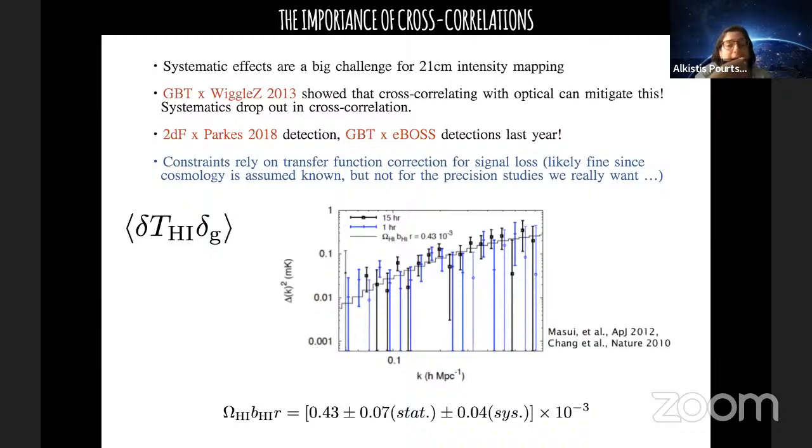This is likely fine for Pathfinder experiments that are very noisy, and where we assume that we know the cosmology and are only after the HI parameters, but it's not fine for the precision studies we really want to do. I think that our work and other people's work have shown that the transfer function is very likely strongly cosmology dependent. So we have to take that into account as we move forward.